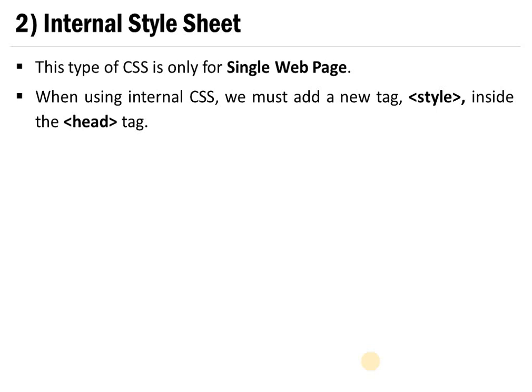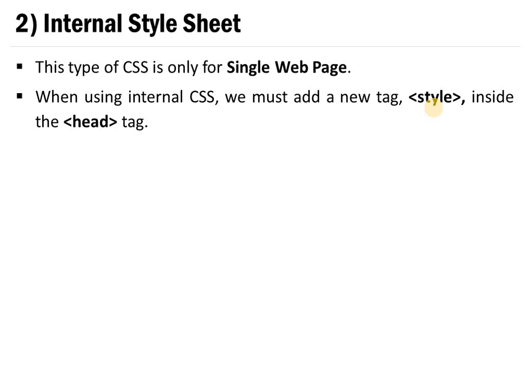So if you want to add your CSS code, then you must add it into your head tag only. Inside the head tag you have to add another tag, nesting of tags, that is your style tag. In the style tag you have to define your properties, and one thing is that this internal style sheet is applicable for a single web page.